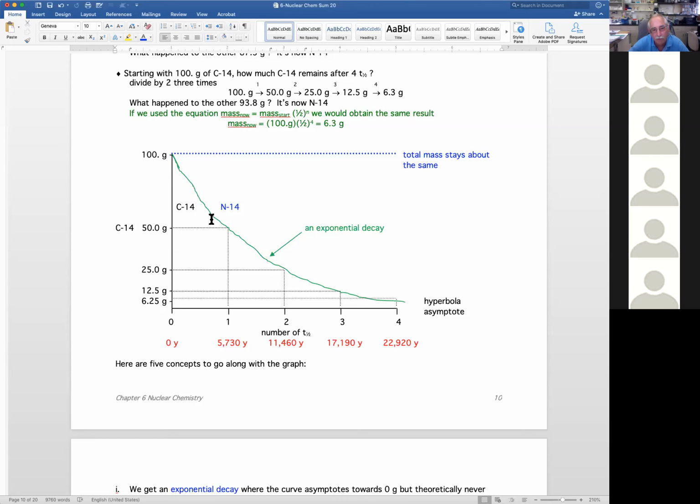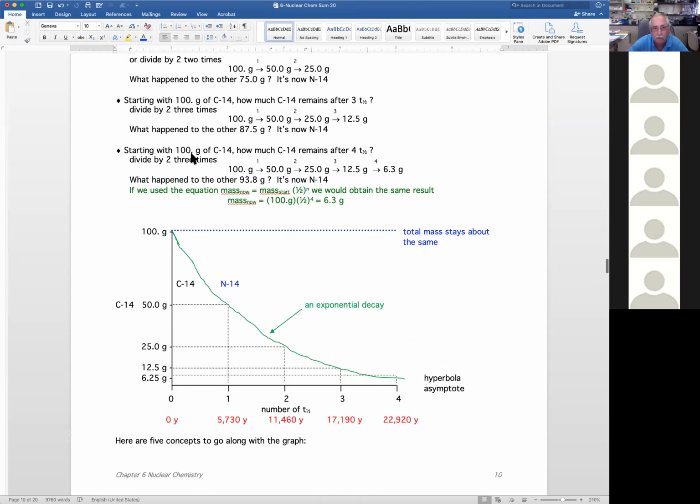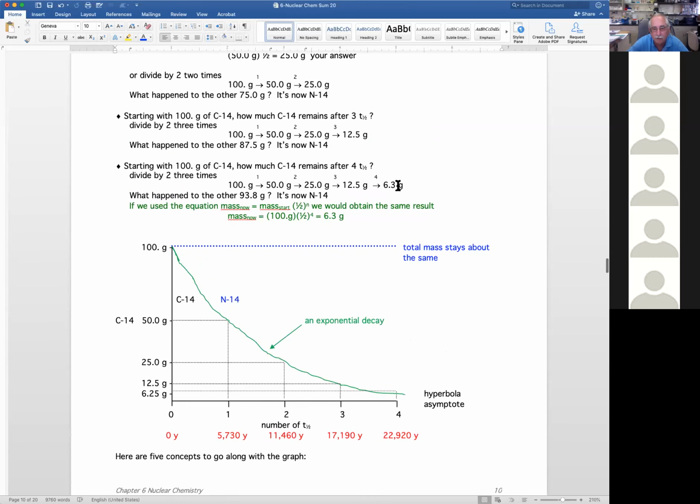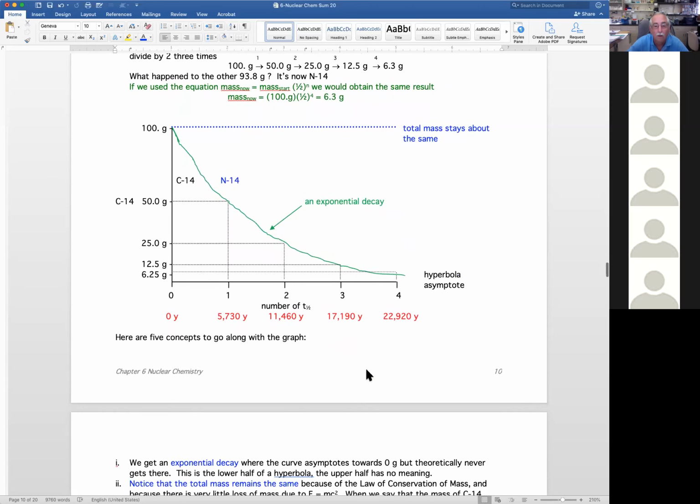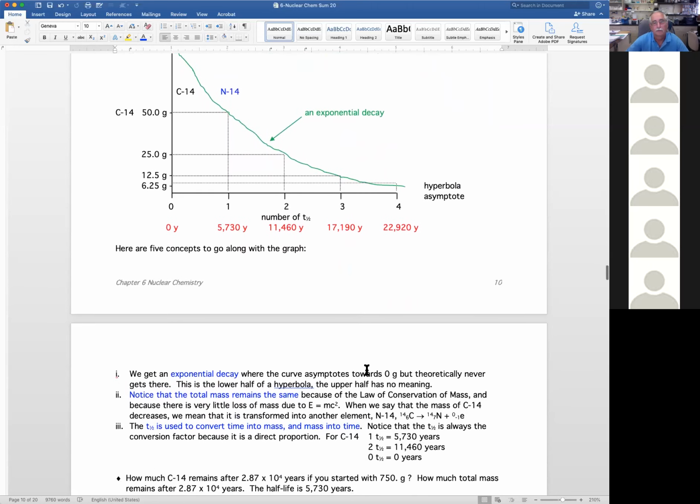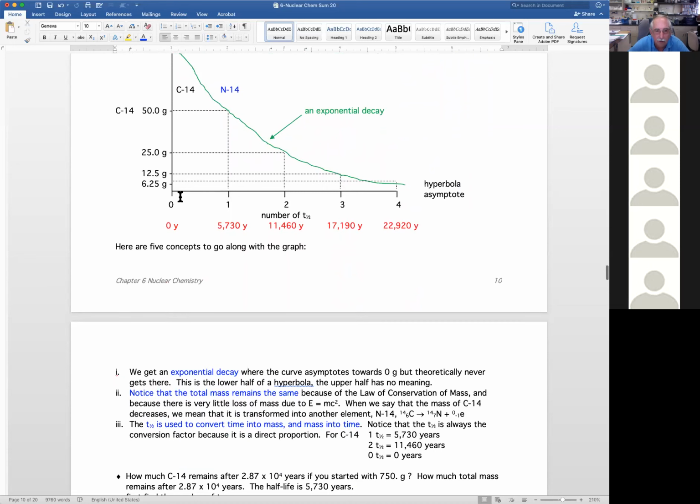So is this a direct proportion? No. Did we use conversion factors to calculate it? No, we didn't. We use this. When we do this process, it's the same thing as this. It's an exponential decay. What about when we convert the number of half-lives into years?